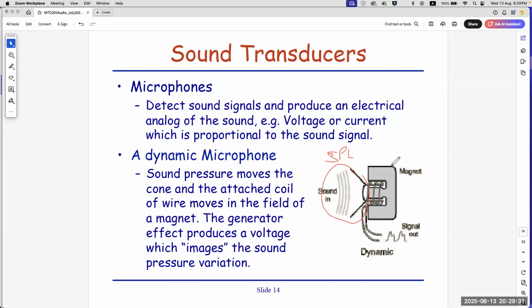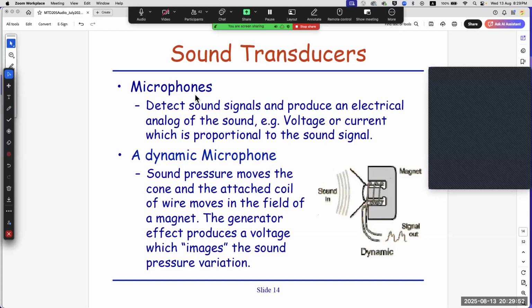The magnet is always there, with its magnetic field, but the sound pressure level causes this wire to move. Once it moves, it disrupts the magnetic field, and once the magnetic field is disrupted, we create an electrical field. That's all, in very layman terms, the microphone.